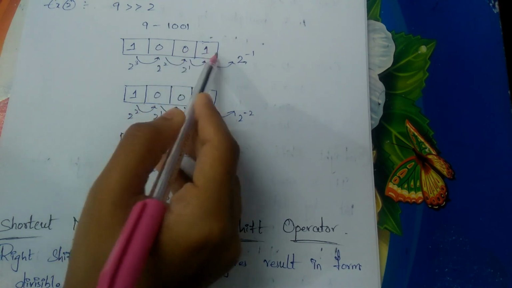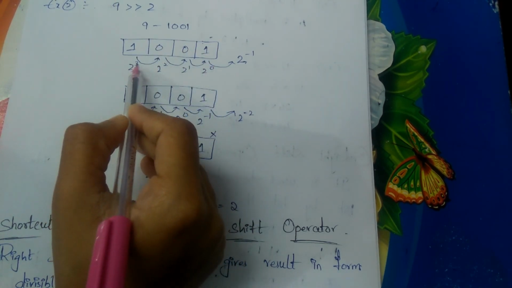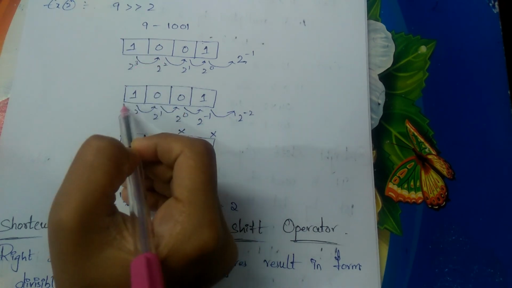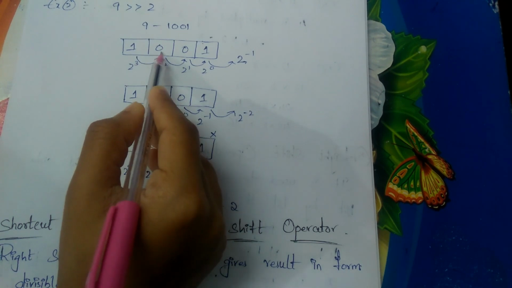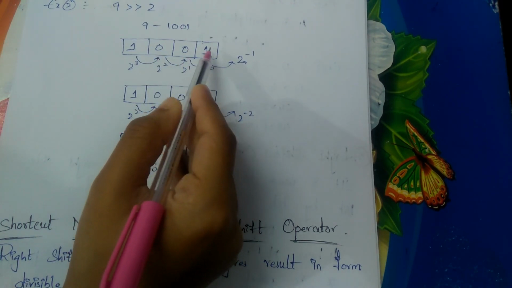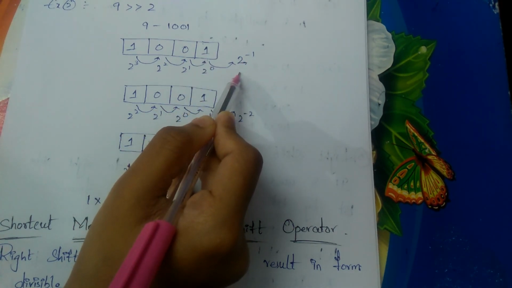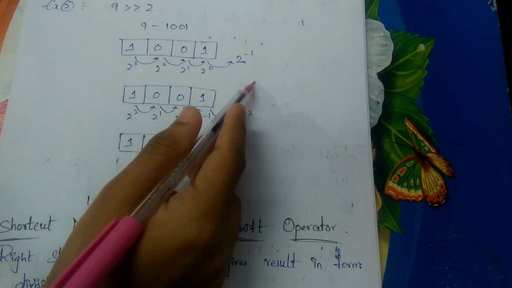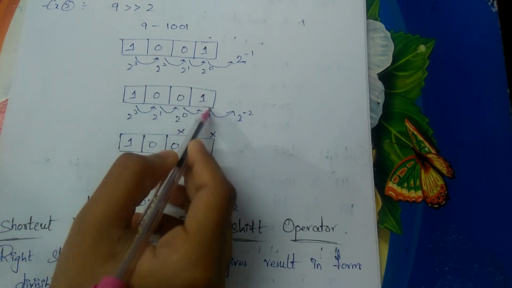Now 1001, 2 power 0, 2 power 1, 2 power 2, and 2 power 3. Now we will shift onto the right side. So now this 1 is shifted to the 2 square, and 0 is shifted to the 2 power 1 place, and this 0 is shifted to the 2 power 0 place, and this 1 is shifted to the 2 power minus 1 place. Now after shifting, we will sort it in box form.